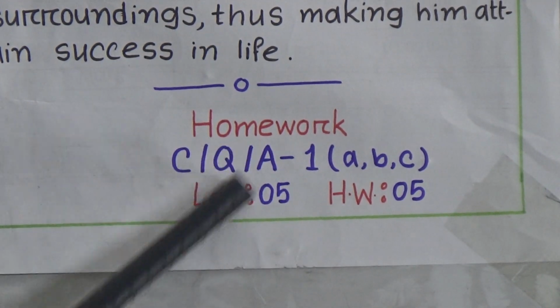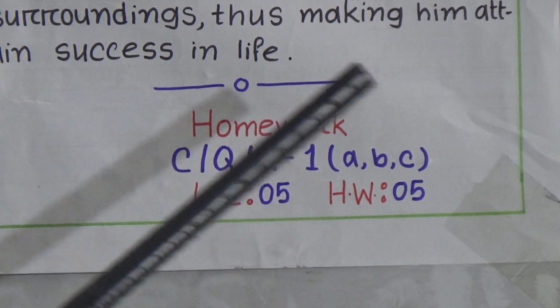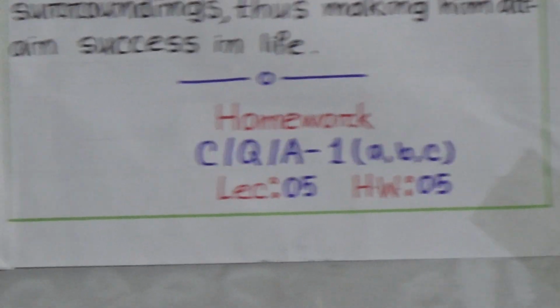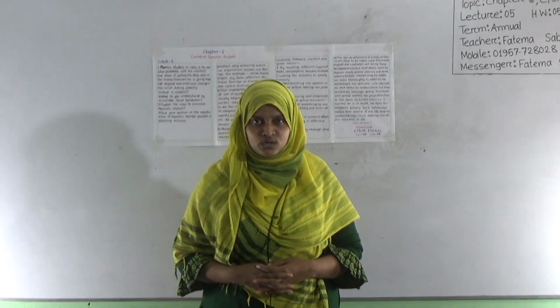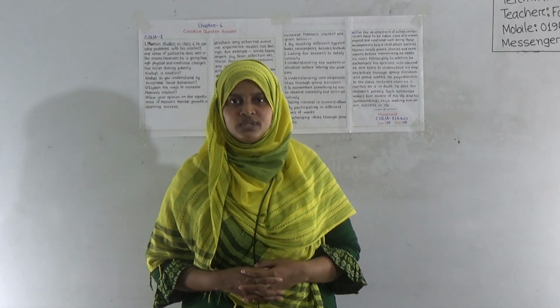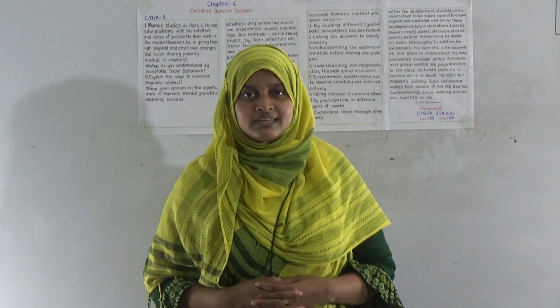Our lecture number is 5 and homework number is also 5. Do your homework in your SW copy. You have to submit your SW copies because you will get your CT, diary and SPA marks on the basis of the submission of your homework. Guardians or anyone else can submit your copies every Sunday and collect your previous copies the next Sunday.